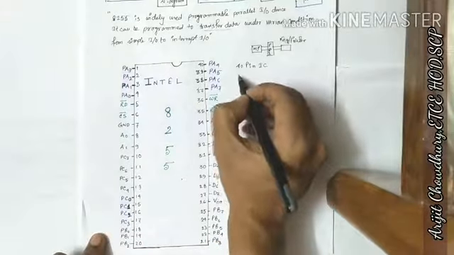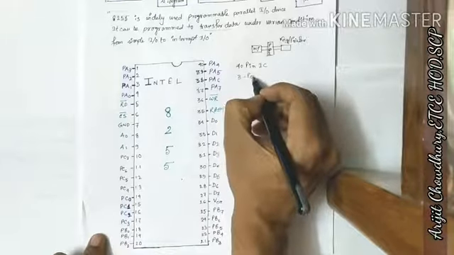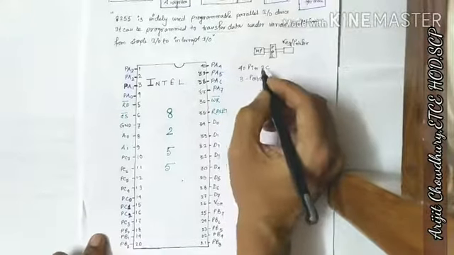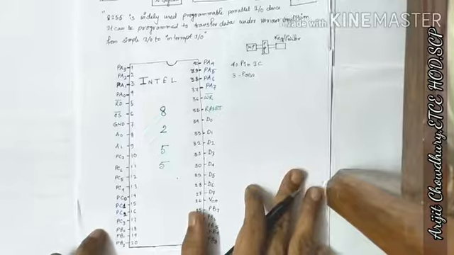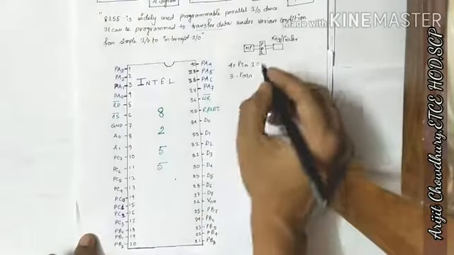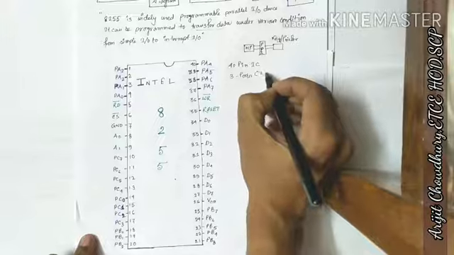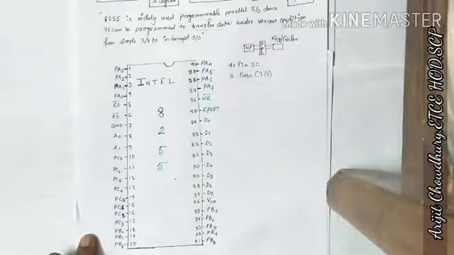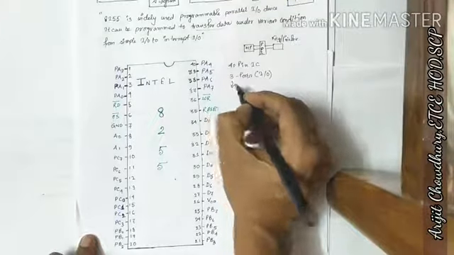In 8255, there are 3 ports. Ports mean input output ports.